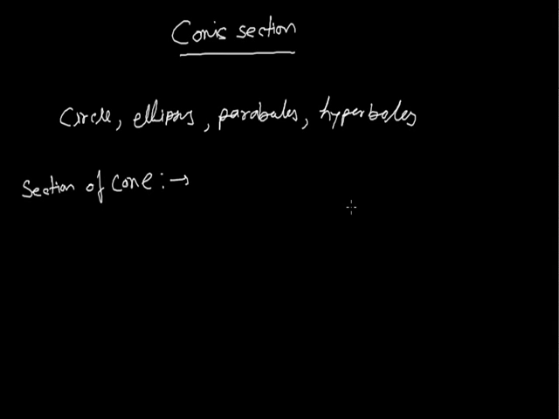Suppose we have a line like this. Suppose this line is line L and another line intersecting the line L like this.